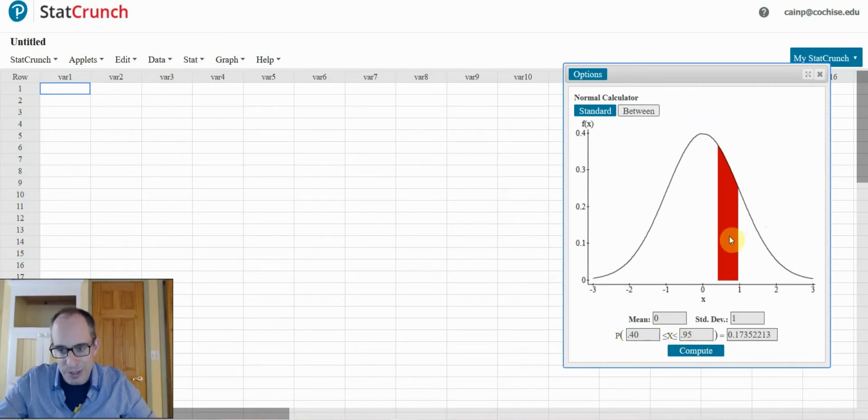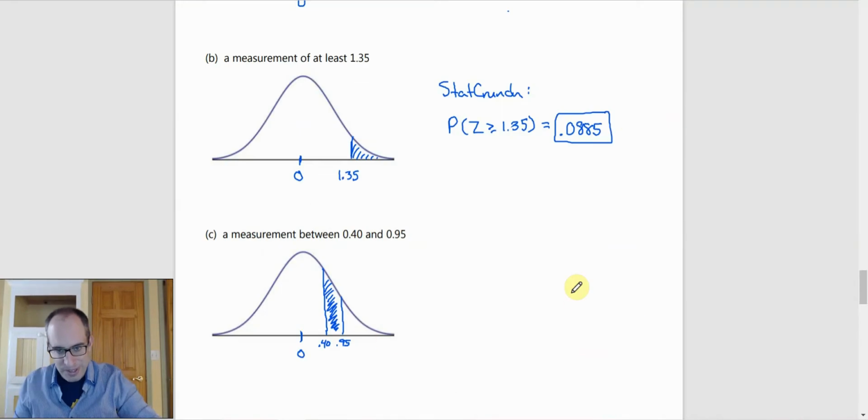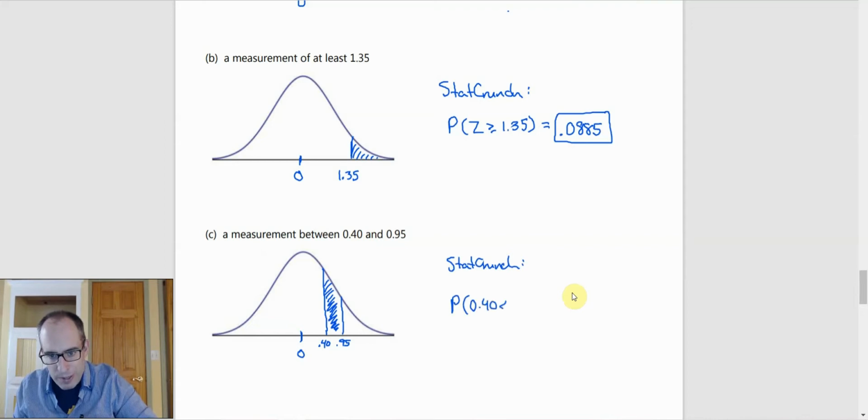And our picture looks like the thing that we had over here, right? So we already did it this time. We went to StatCrunch and we got our probability. So the probability that 0.4 is less than z is less than 0.95 is 0.1735.